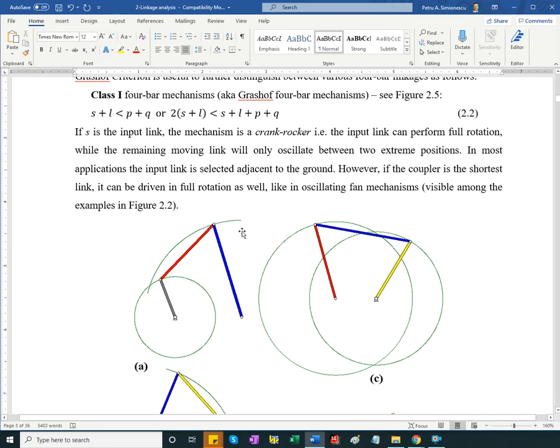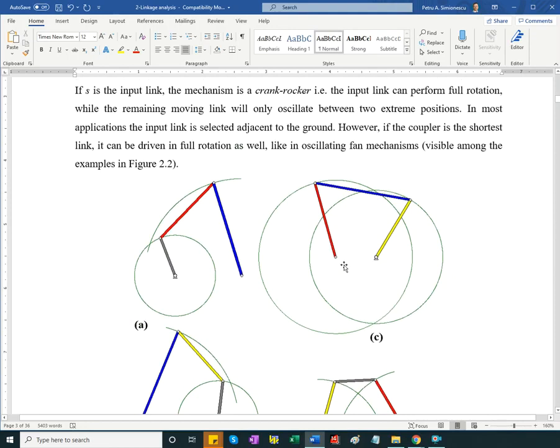If instead the shortest link is selected as the ground link, then all 3 moving links can perform full rotation. This is going to be called drag link or double crank 4-bar. The coupler, the blue link, will also perform full rotation.